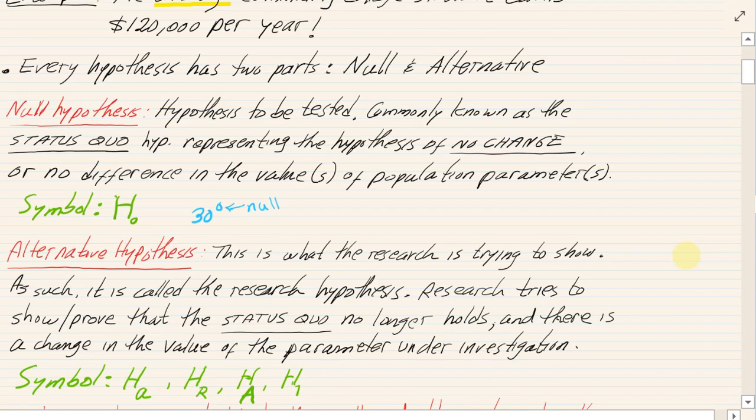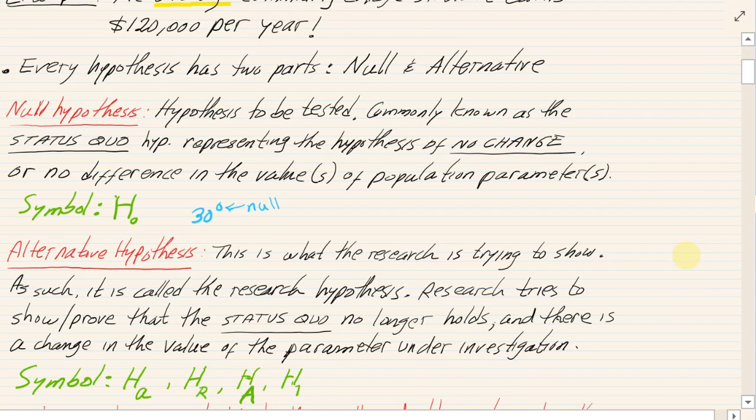The idea here is that the researcher is trying to gather evidence against the null and show or prove that the null is actually not a correct statement. That is, the status quo actually is no longer status quo, and that there has been a change in the status quo. Now this change, and we'll see in a few minutes, we can show the disagreement to the null hypothesis in 3 ways. I'll show you those in a moment.